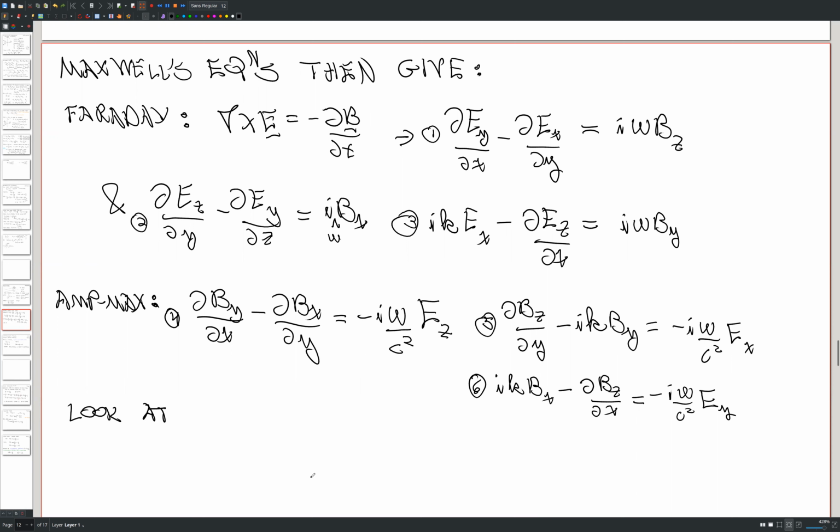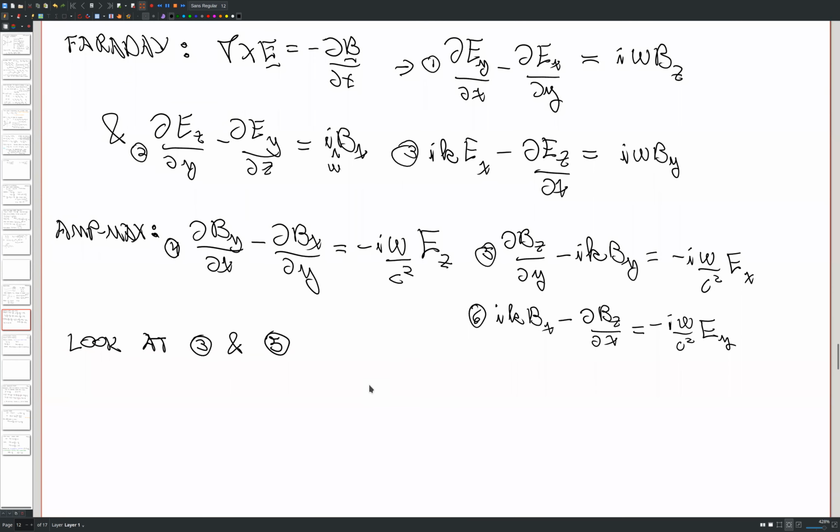I want to do equation 3, and I want to look at equation 5. I'm going to rewrite equations 3 and 5 in the following way. In terms of fields, in both 3 and 5, I have EX and BY. So I'm going to rewrite these two equations in a little matrix form.